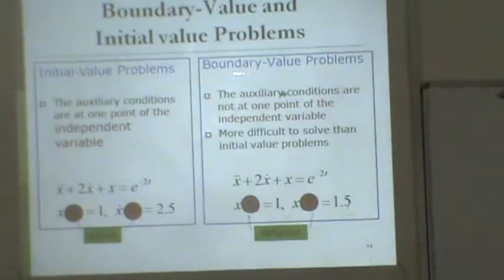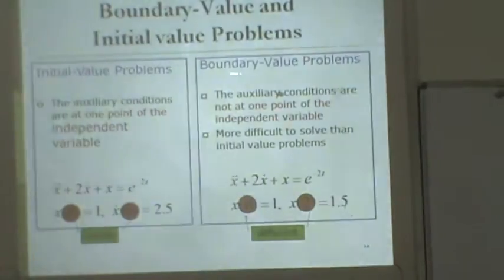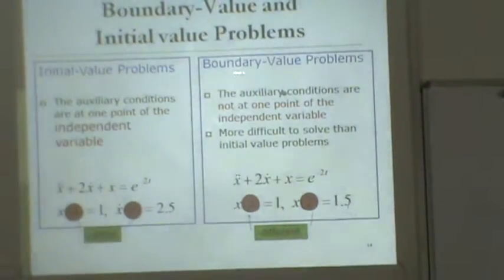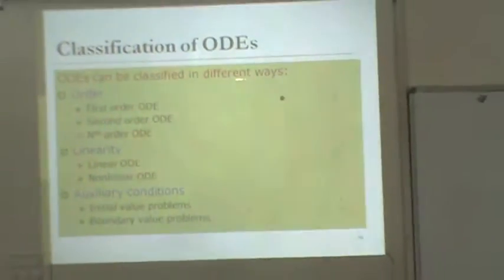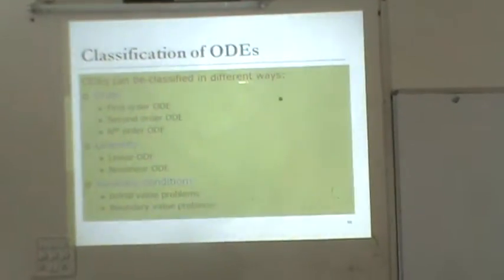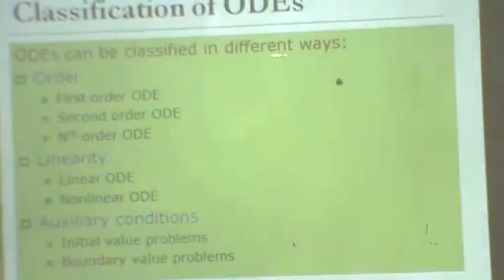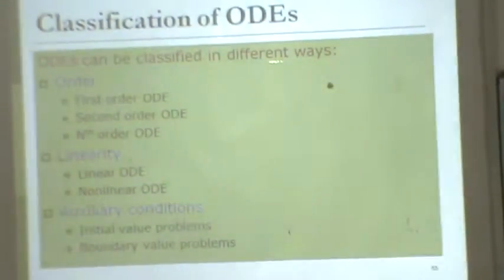Because as far as the differential equation is concerned, we know initial value problems and boundary value problems are there. This is the classification of ordinary differential equation. So ordinary differential equation can be classified in different ways. First is order, second is linearity, and third is the auxiliary condition.